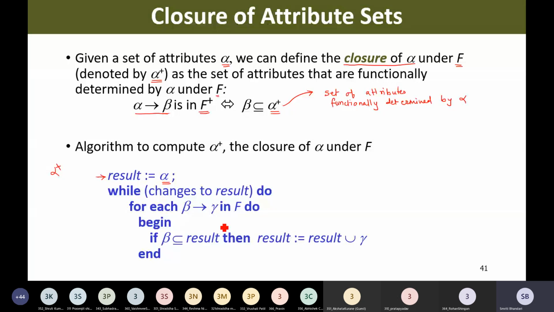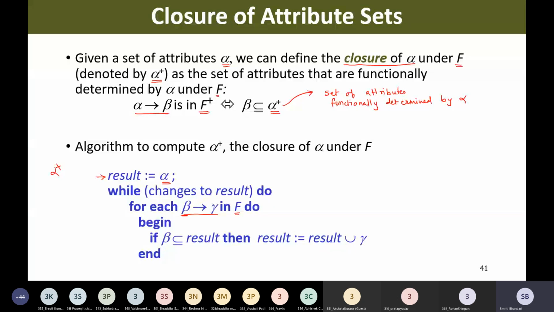We are going to iterate through, and once we do not have any change in our result, we are going to terminate. So for each functional dependency of the form beta to gamma in F, we are going to check whether the left hand side of the functional dependency, that is beta, is a subset of our result.